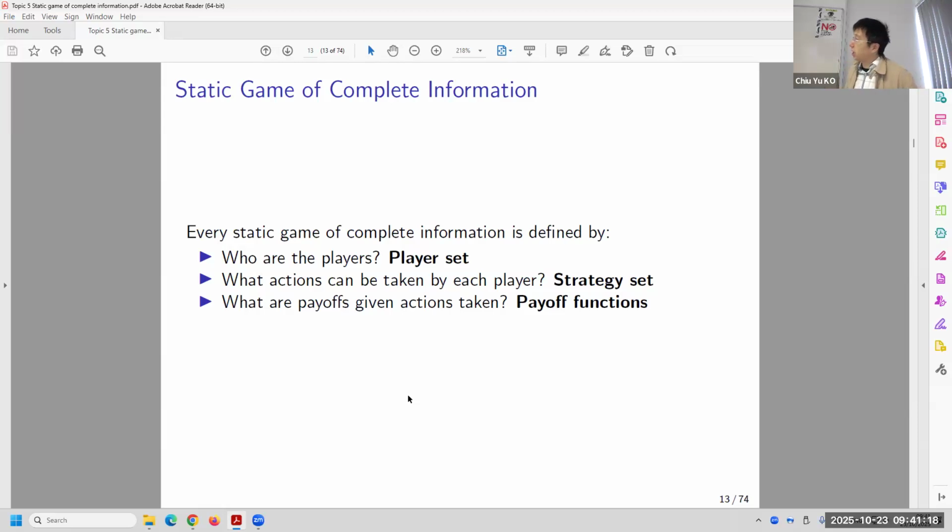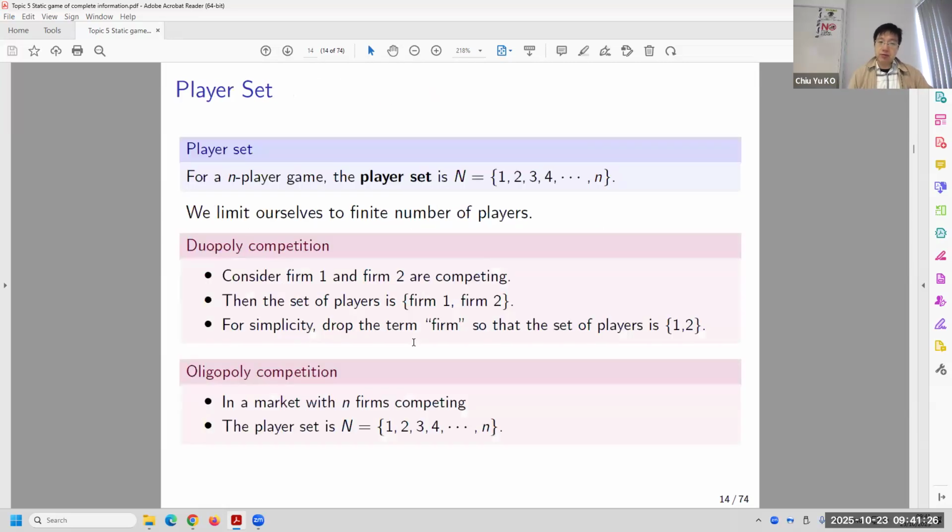But in the static game, I don't think you would have this issue, but it's very important to know you have to define 3 things. Just to remind you, it's very important to define who the players are and who are not players. When you say who the players are, those who are not players cannot do anything besides maybe some function.